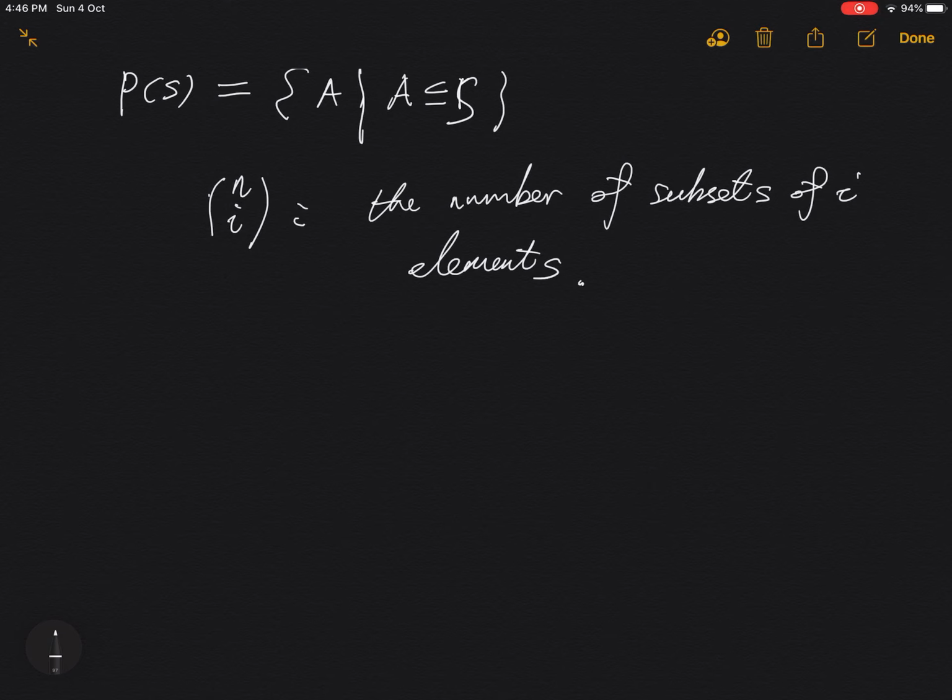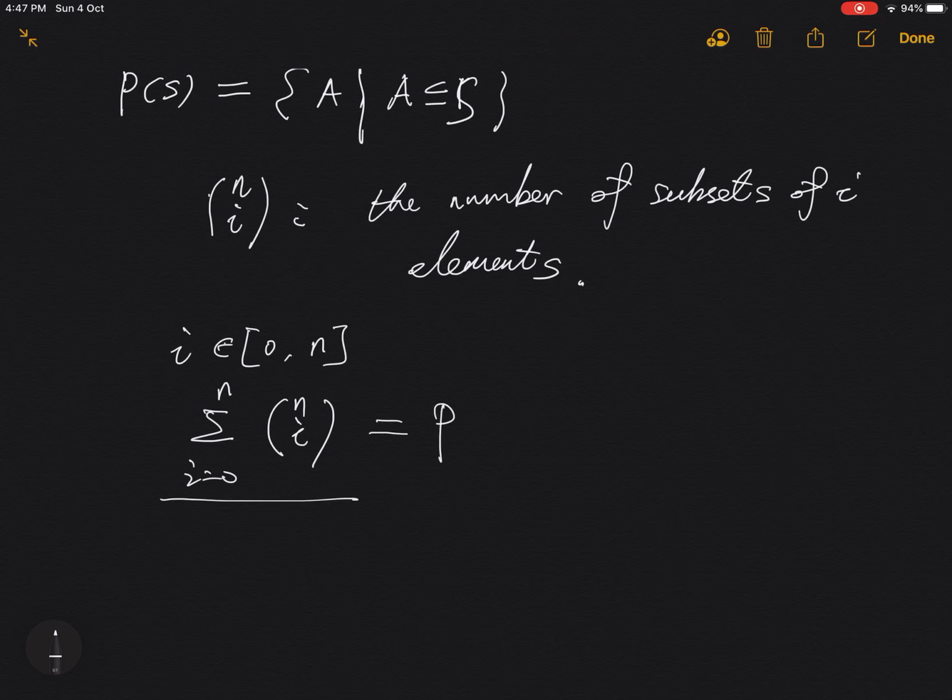If we sum up all the situations, i can start from 0. It means this set is the empty set, right? And also it can have n elements. So if we sum up all the situations, this is the cardinality of the power set of S, right?